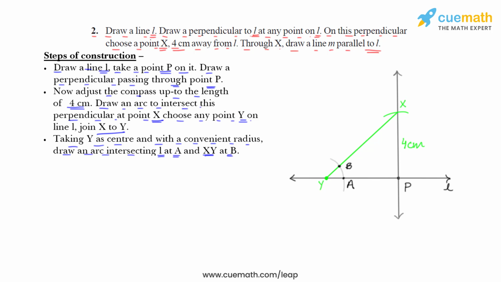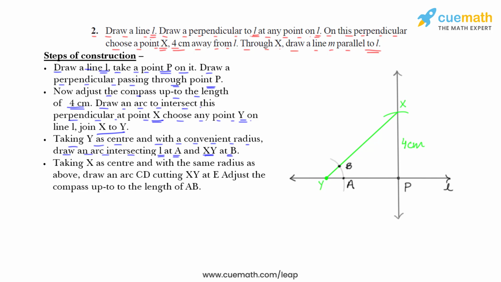Next step: taking X as center with the same radius as above, draw an arc CD cutting XY at E. Adjust the compass up to the length of AB.